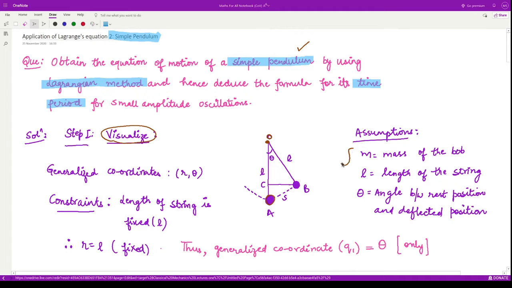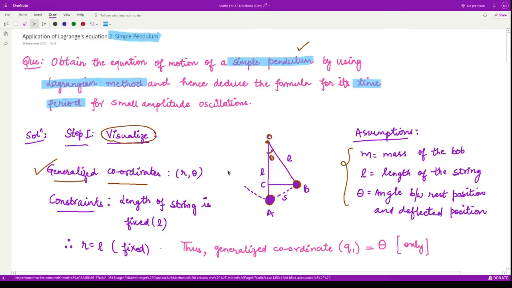These are the assumptions, and we have marked this angle as theta, which is the angle between the rest position of the bob and the deflected position of the bob. So the next step is to obtain the generalized coordinates.